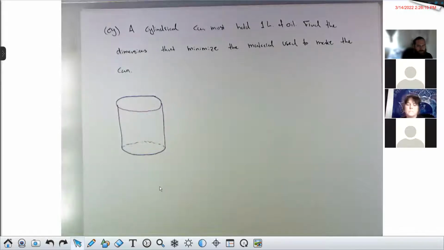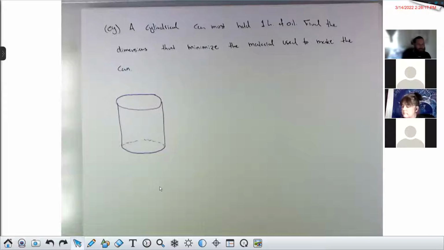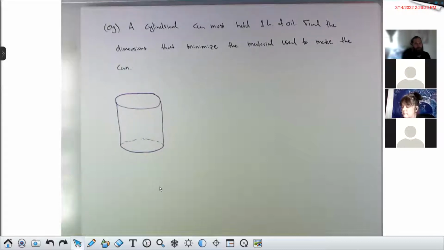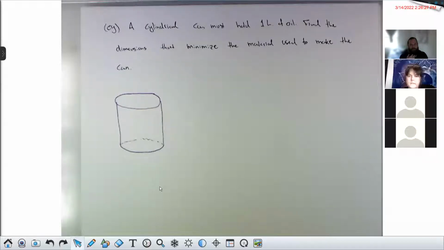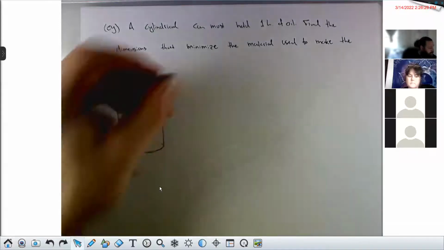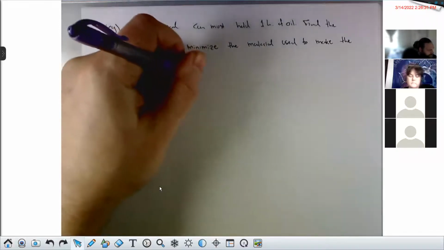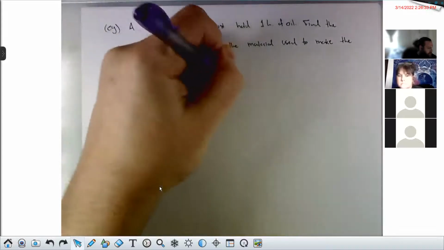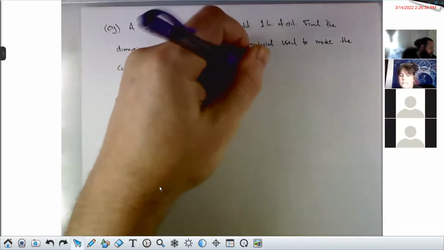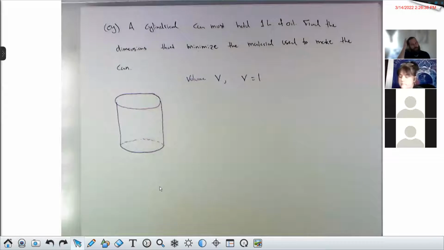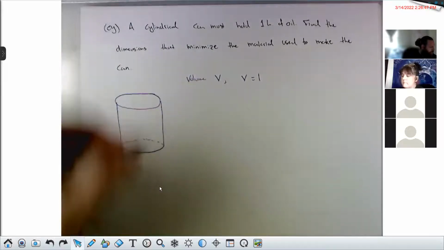What are the relevant quantities that I need to assign labels to? Its volume is 1 liter. Yeah, the volume, right? Let's call the volume V. And we know that V is equal to 1. I'll just write it as 1 rather than 1 liter with the assumption that we're going to use SI units everywhere here. So liters is the SI unit for volume. Some other things I might label here.